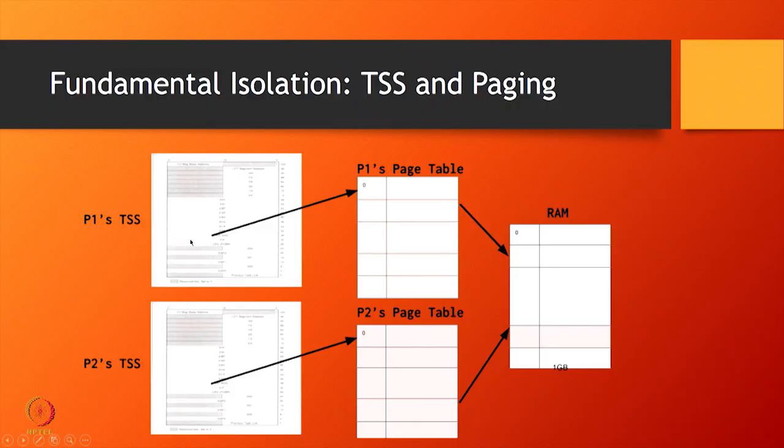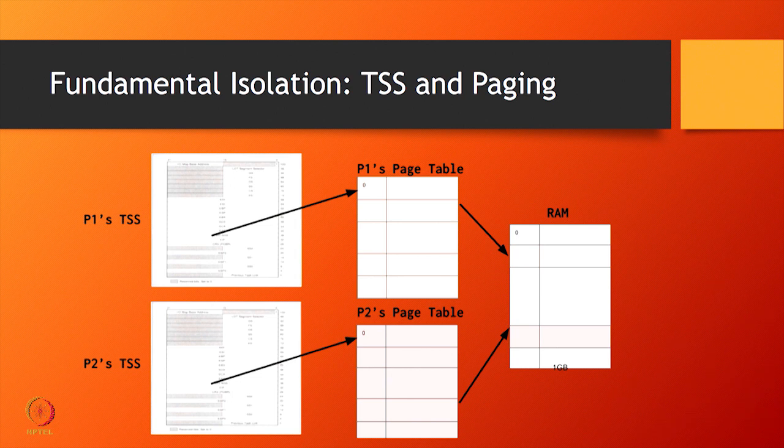More importantly, when you look at the task state segment, there is one entry called CR3. If you had looked at the Information Security 2 course, CR3 is where the page directory resides, where paging resides. That means every process will be assigned a page table of its own.